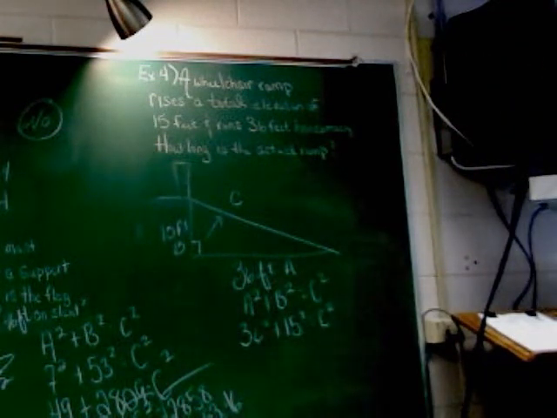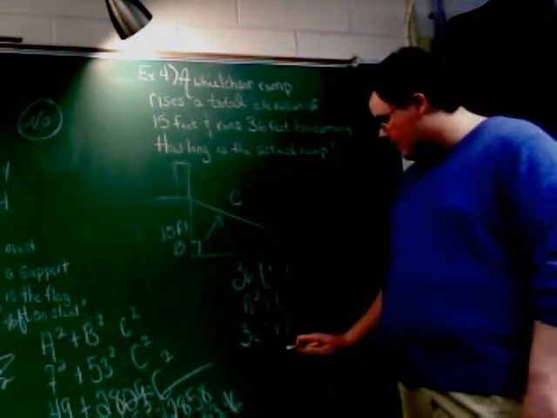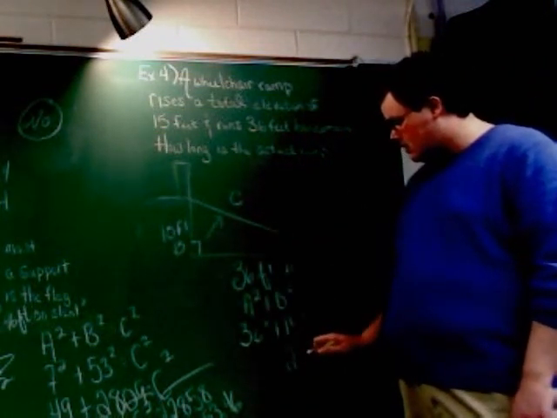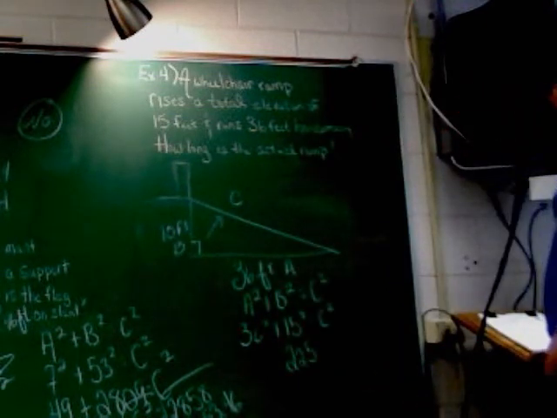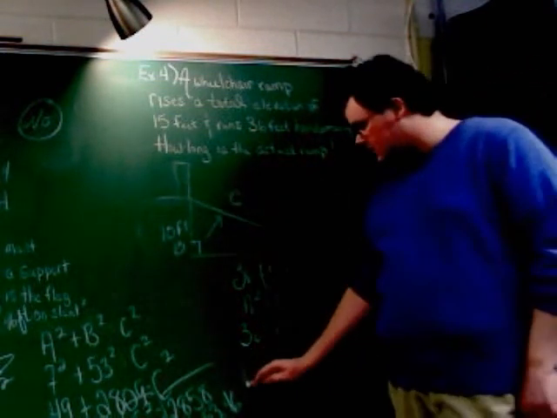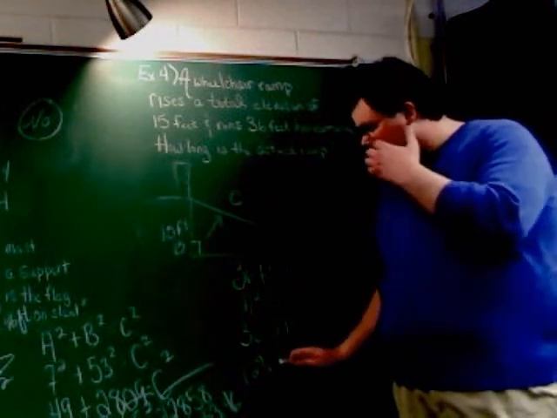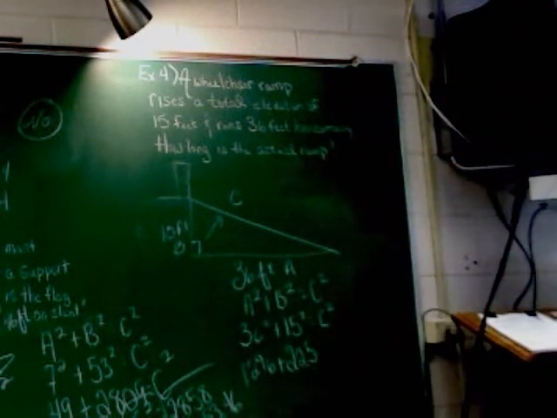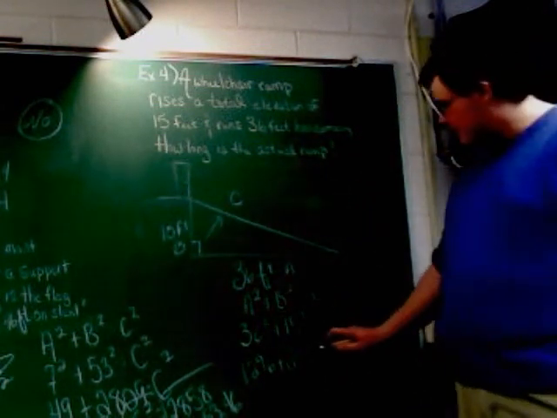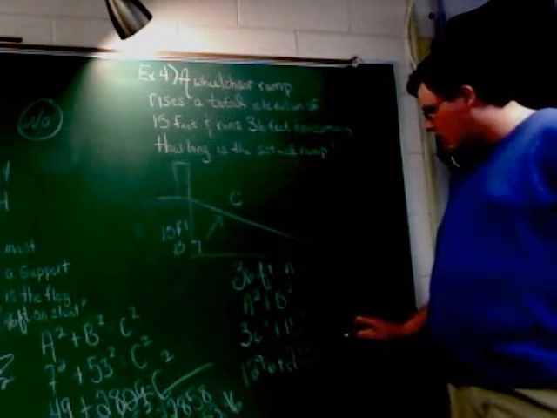All right, so I square both of those, and I get 225 for 15 squared, and 1296 for 36 squared. I add those together, and I get 1521.